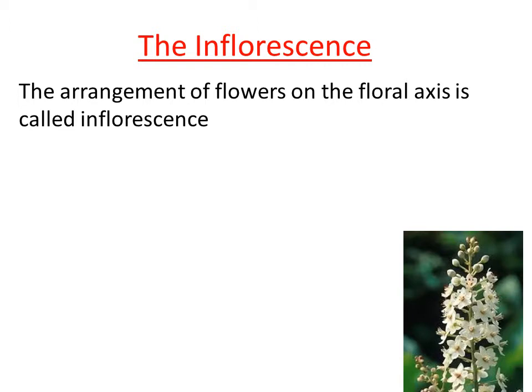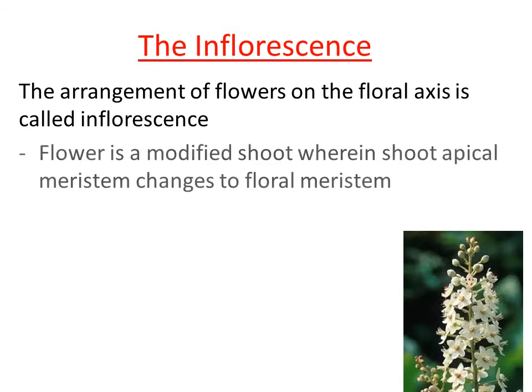So the flower is a modified part of the shoot tip. The shoot tip in turn gets modified in order to form a flower in the plant, so that instead of forming leaves, the shoot apical meristem starts forming flowers. Right?